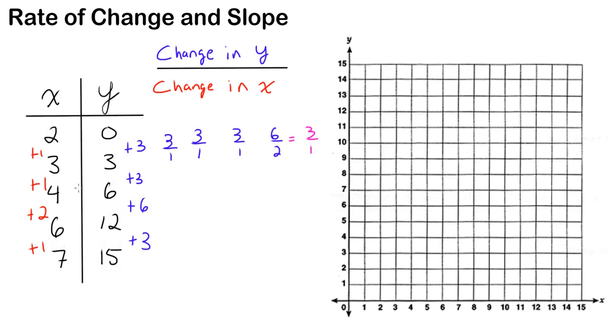So the rate of change for this table is 3 over 1, and we can simplify that and just say it is a rate of change of 3. The fact that the rate of change for each step is the same is what's called a constant rate of change.